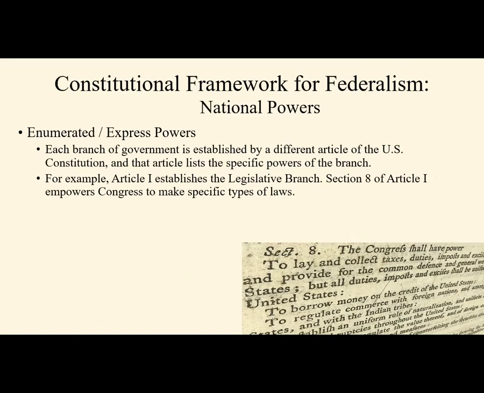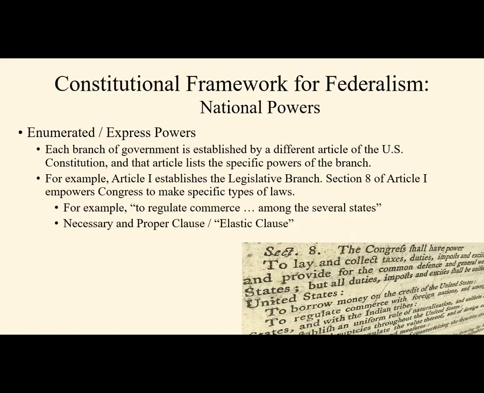Section 8 also includes at the very end of that list something we call the elastic clause, where it says that Congress shall have the power to enact laws that are necessary and proper for carrying into execution the above listed powers.